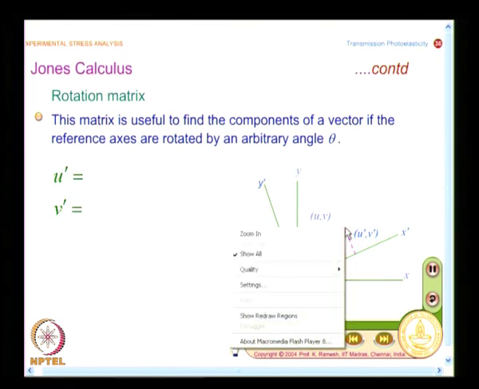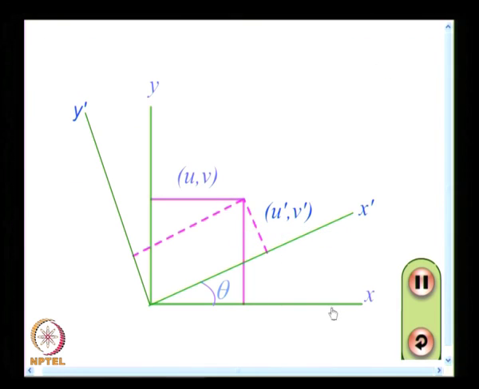So, what I have here is the reference axis x and y, and I have a point labeled as u comma v. So, I can find out u, I can find out v, and what I want is, I have another coordinate system at angle theta.